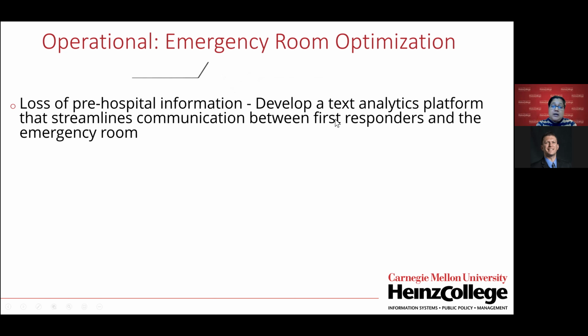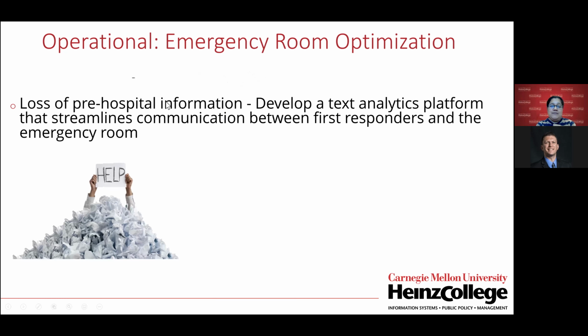So we call it a loss of pre-hospital information, so the clinical team has to start all over again from scratch to gather information about what happened, who this patient is, what the big issues are. The patient has chronic conditions, is on medications, has allergies. They have to start all over again.